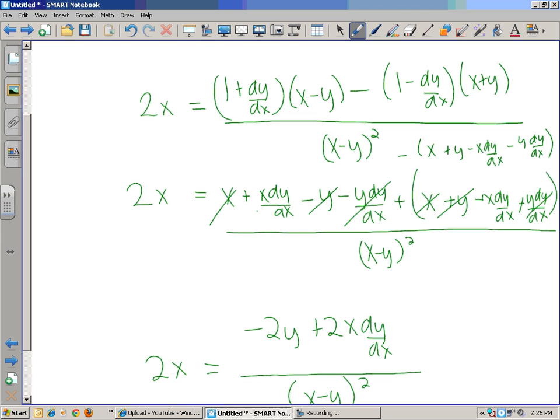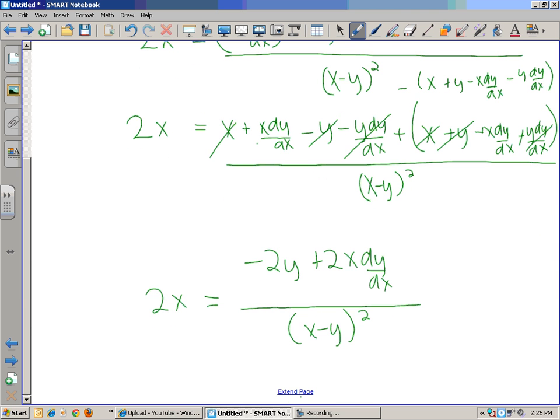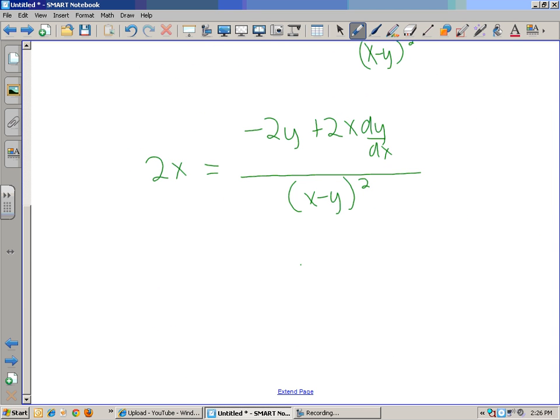And it would have been minus a negative, which is a plus, so that cancels, and the y minus y is negative 2y, and the x plus x gives me 2x dy dx, and the x cancels the x. Okay. I'm confident that I didn't make an error yet, although I shouldn't be. Here we go. X minus y, quantity squared, negative 2y plus 2x dy dx.